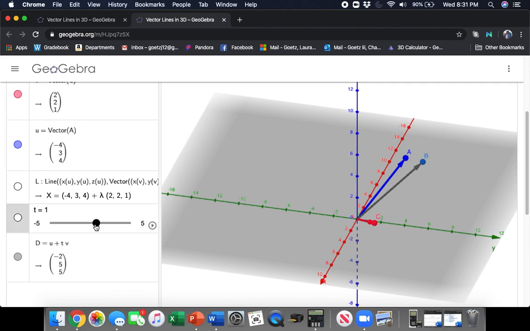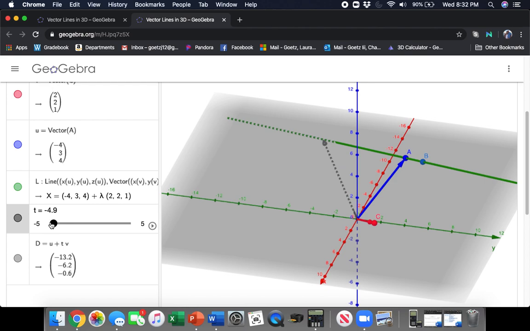When I change time, what's happening? There's the line. And look at this vector here. As time changes, this vector is pointing at, if you will, all the points that lie on the line AB in 3 space. Crazy, huh?